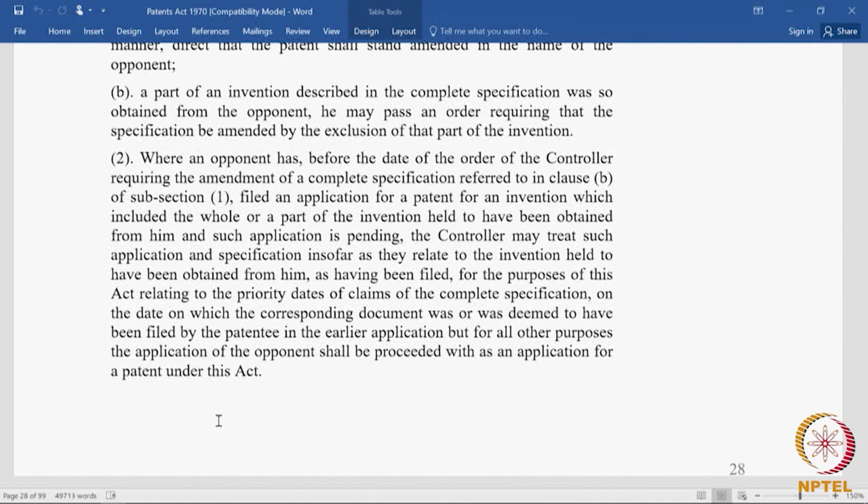If these claims are dropped, they fall into the public domain. But where the opponent has filed an application for a patent which included the whole or part of an invention held to have been obtained, that is the case here. We mentioned 5 and 6 were wrongfully obtained, and 5 and 6 appear in the application filed by the opponent.